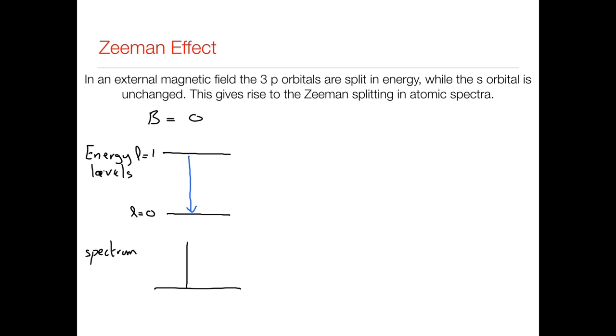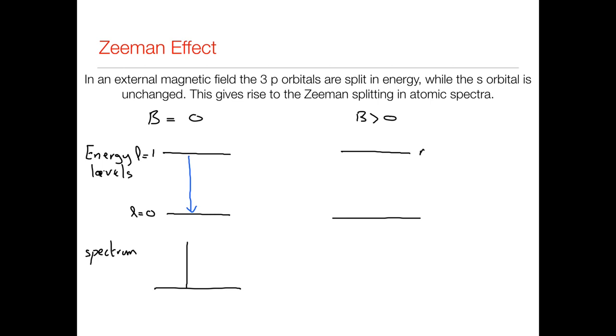Now, what would happen in a magnetic field? Well, the S level will stay the same, but the P state will split because of the energy that we've just talked about.